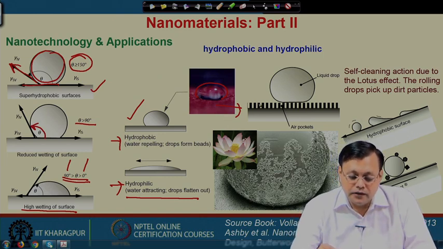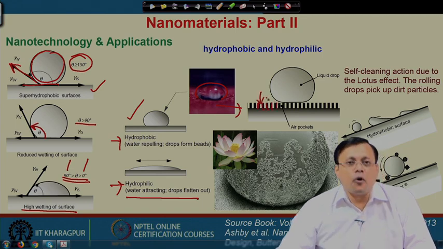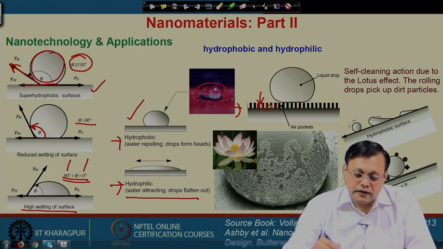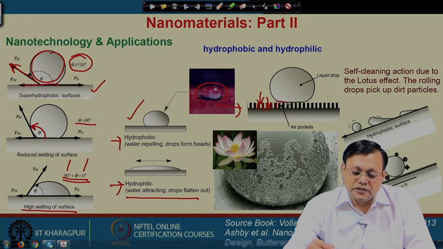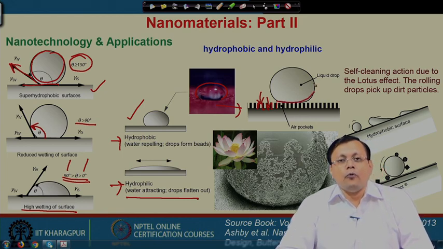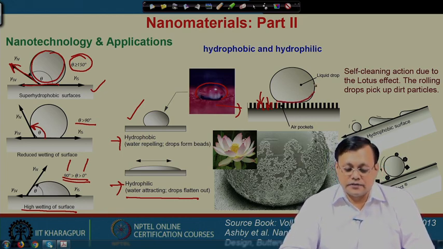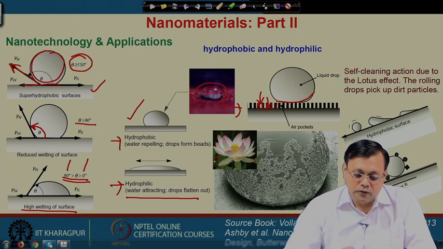We have very small nanoscale features on the surface, where there are some air pockets. So, air can go in, which protects the surface from wetting. Think about a lotus leaf. The lotus leaf has this kind of features.